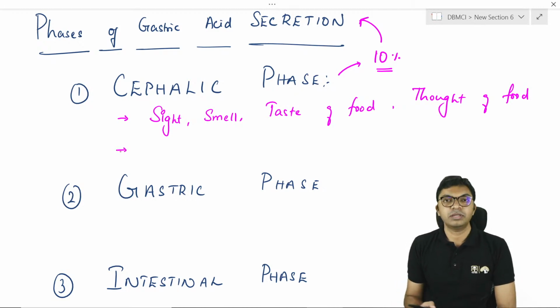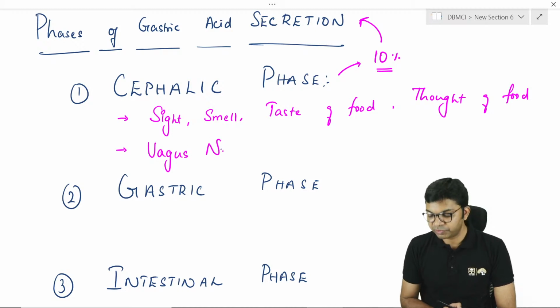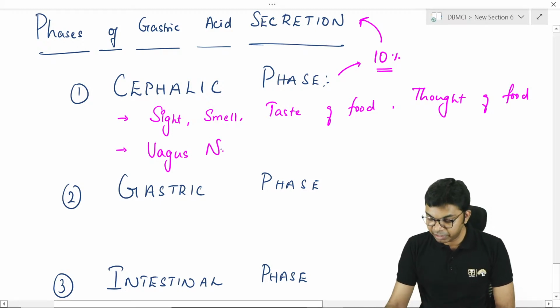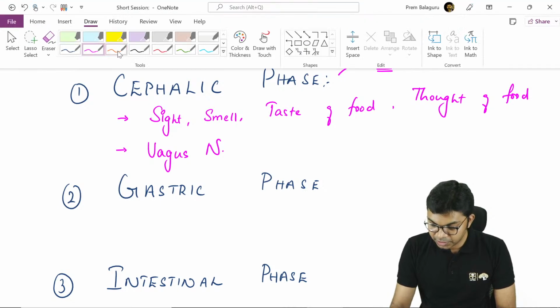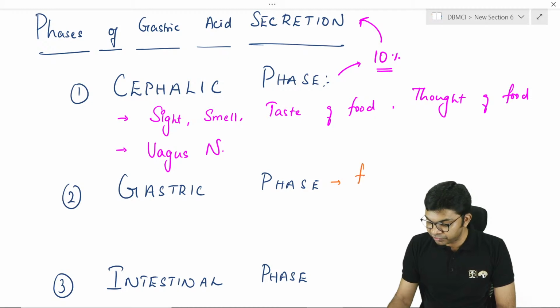The whole cephalic phase of gastric acid secretion is mediated by the vagus nerve, doctors. That's very important. Coming to the gastric phase, this is because of the presence of food in the stomach.